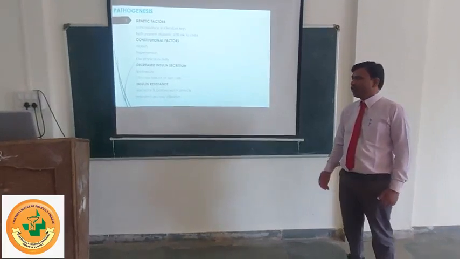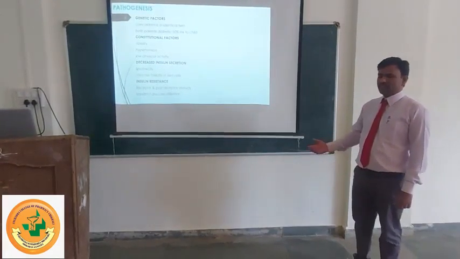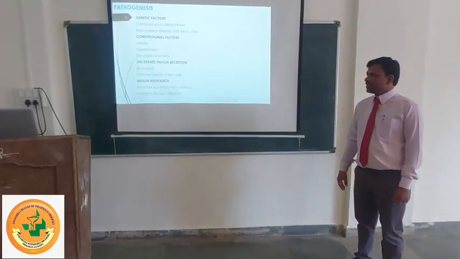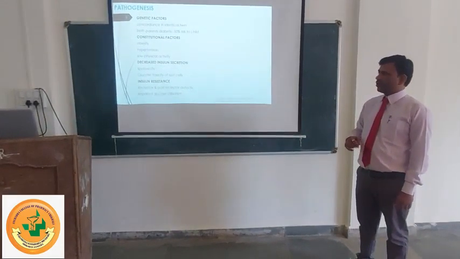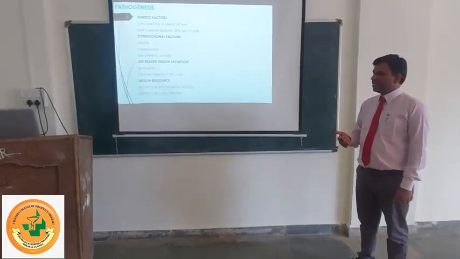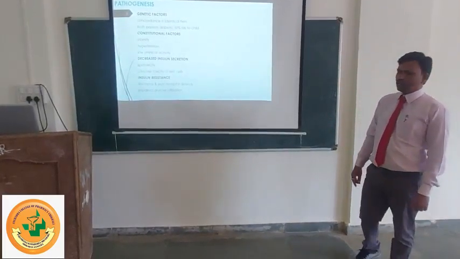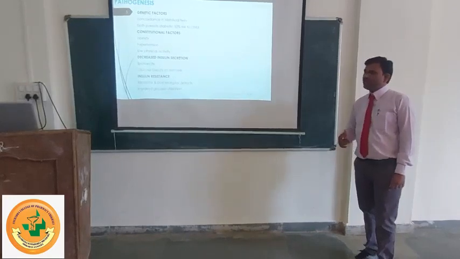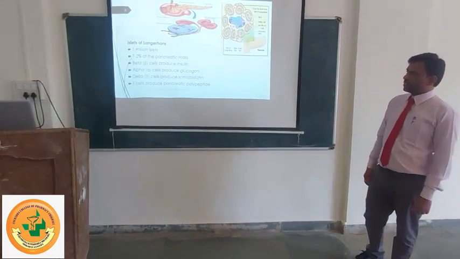Glucose toxicity of islet cells is responsible for decreased insulin secretion. Insulin resistance: if there is a defect in the patient's receptor, then insulin resistance occurs. Impaired glucose utilization: if the patient's glucose is not properly utilized, that will result in diabetes mellitus.